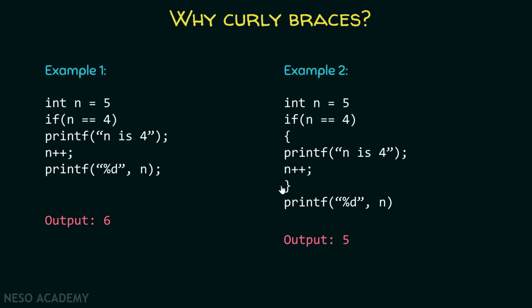So we can clearly see why it is necessary to put curly braces when we want to include two or more statements inside the if construct. If we just want to include a single statement immediately after the if construct, then there is no requirement of putting curly braces. But if we want to include more than one statement, then we have to put curly braces. That is what we need to understand about the curly braces.